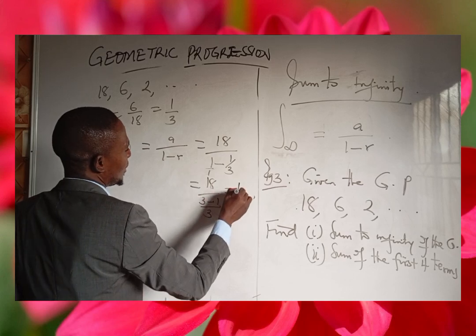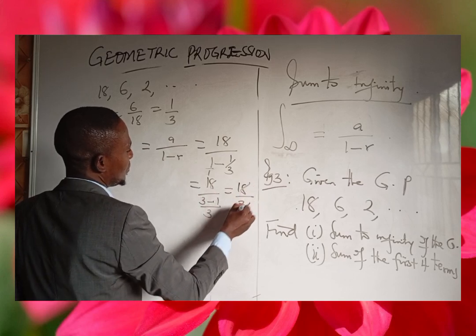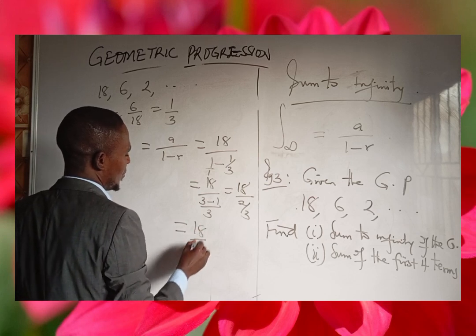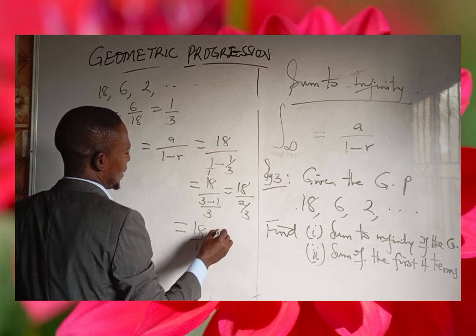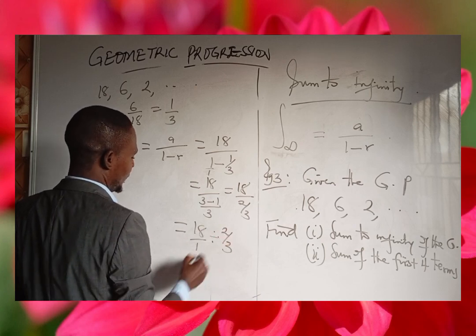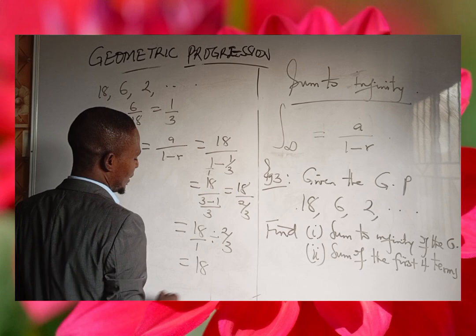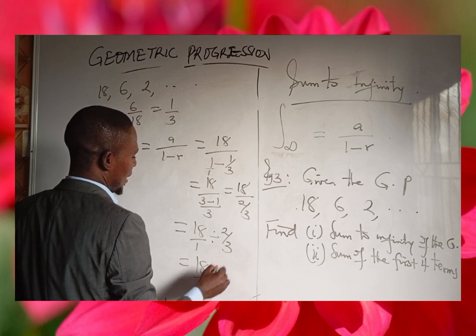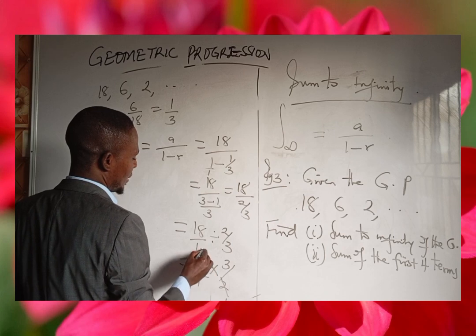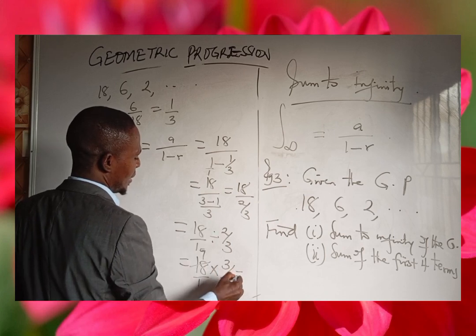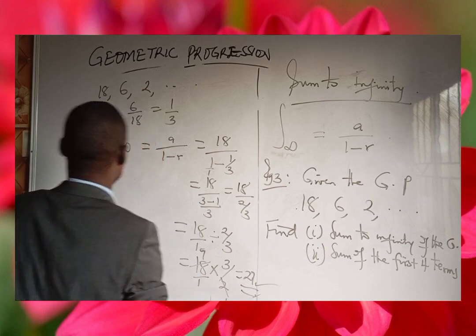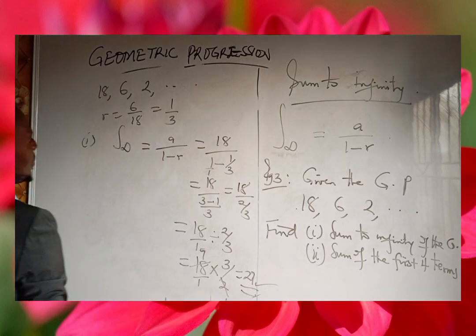So we have 18 over 2/3, which is the same as 18/1 divided by 2/3. And this is the same as 18 times 3/2. 2 here 1, 2 here 9. 9 times 3 is 27. Final answer.